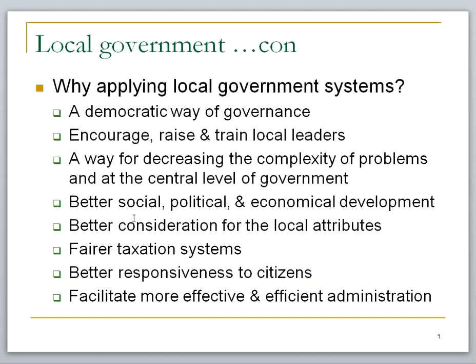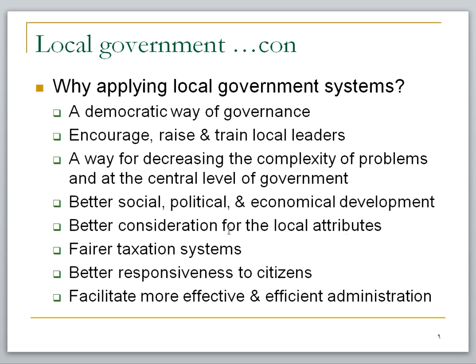This is better social, political and economical way for development by dealing with different local issues and plans, better consideration for the local attributes. Each local and governmental geographic area has its own attributes.